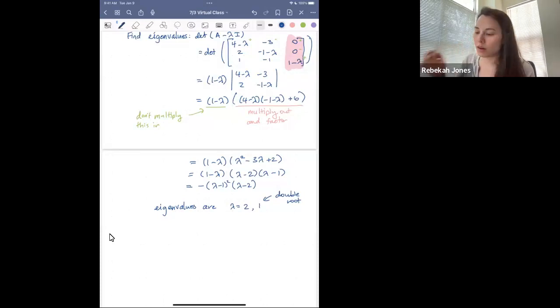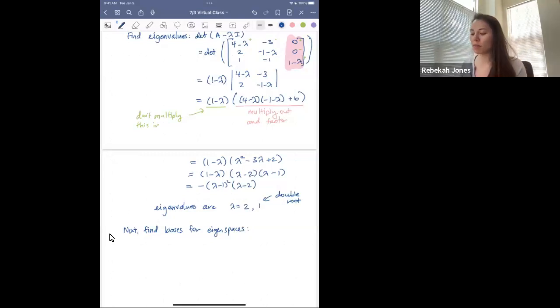So let's go ahead and find eigenvectors for these eigenvalues. So next we want to find eigenvectors. Really, we want to find bases for the eigenspaces. Maybe let's start with the double root, right?